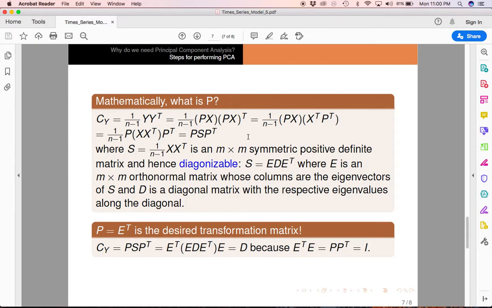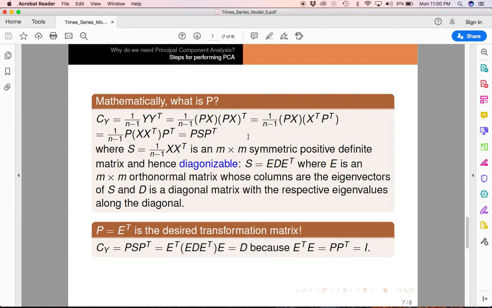That means CY can be written as the scalar multiple 1 over n minus 1 times P times XX transpose times P transpose. Or simply, P times S times P transpose, where S is the symmetric positive definite matrix defined as 1 over n minus 1 XX transpose, the covariance matrix of our original representation.